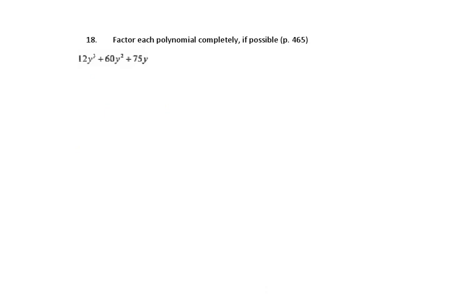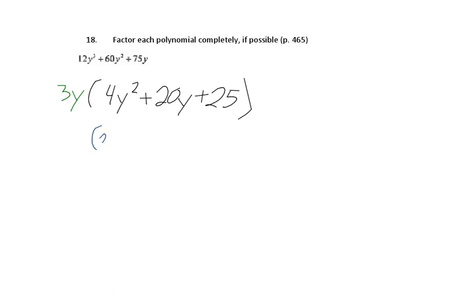In 18, we can factor everything by 3y. If you do, you get 4y2 plus 20y plus 25. But notice the 4y2 and the 25. They're perfect squares. That becomes 2y squared.